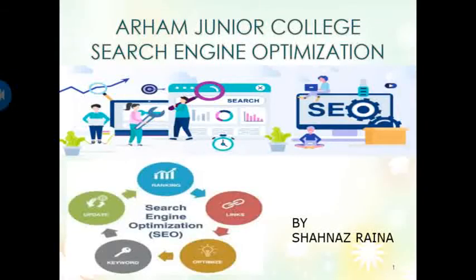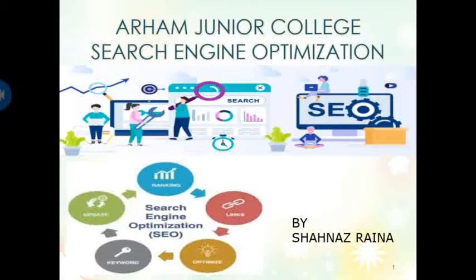Hello friends. Today we will start with the next unit of IT, the second unit of IT, that is search engine optimization. Now I will tell you the meaning of this term. What is search engine optimization? There are 3 words: search, engine, optimization. Search means when you have to search anything.